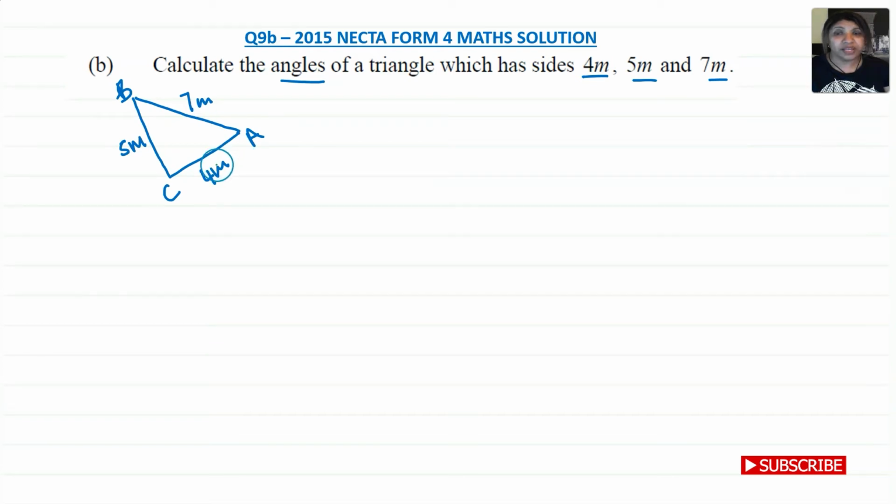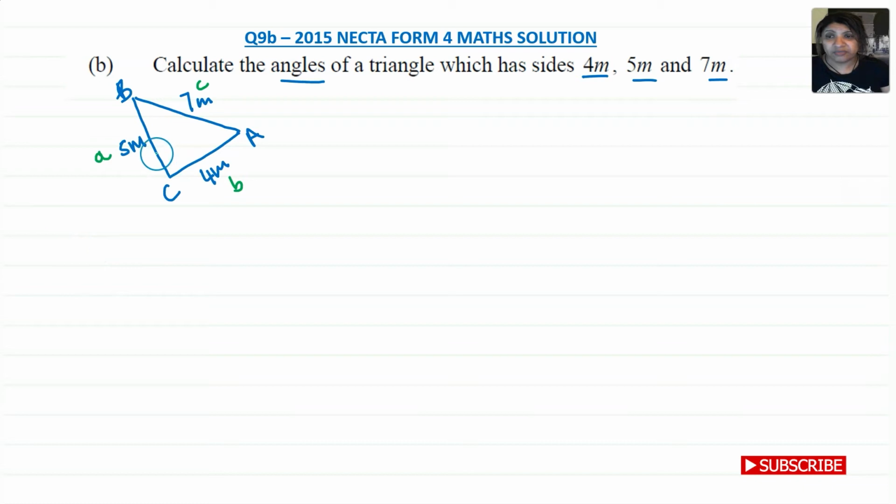Before we use the cosine rule, we need to label our sides. We've got this as angle C here. The side opposite is going to be labeled as C. Similarly, this side is going to be labeled as B, and this one is going to be labeled as A. So what is the cosine rule?